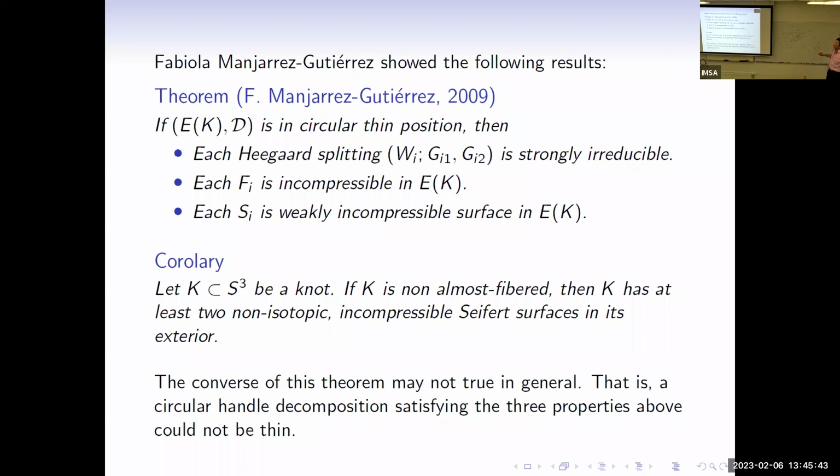Strongly incompressible means that in this case we have compression disks from both sides. Weakly compressible means that any compression disk for one side intersects any other compression disk on the other side.